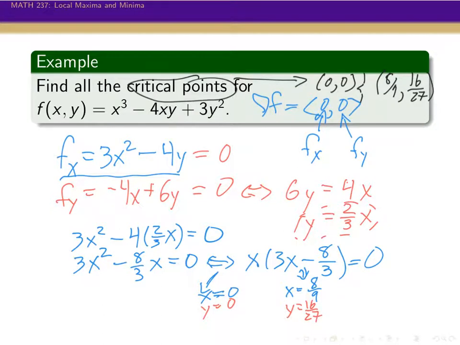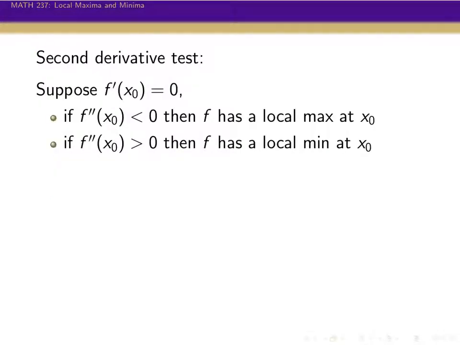Now, once we have the critical points, how then do we identify whether these points are maxes or mins? One way we did this in Calc 1 is using the second derivative test. If we take a critical point, or a point where the derivative is equal to 0, we need it to be differentiable to be able to take a second derivative.